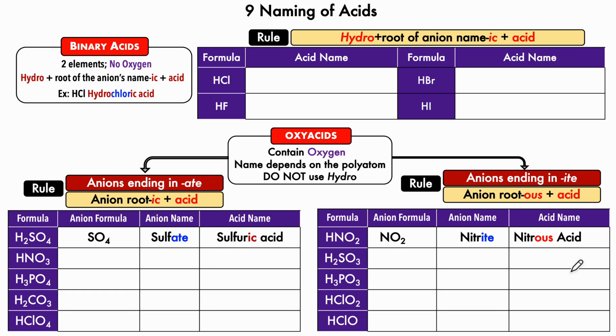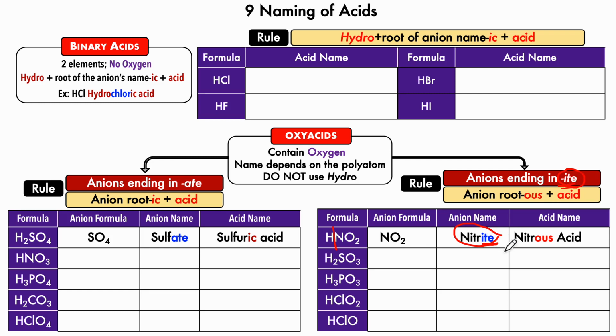Now let us look at an example in which the anion ends in ITE. For example, HNO2. H is the acid part and NO2 is the anion. The name of NO2 from the polyatom table is nitrite, so this is an example in which the anion ends in ITE.